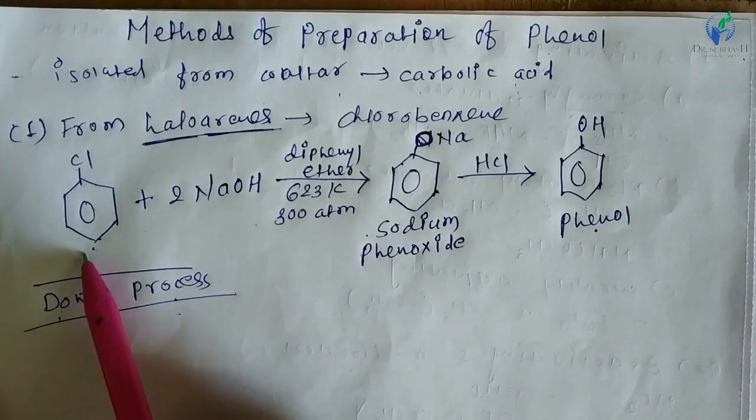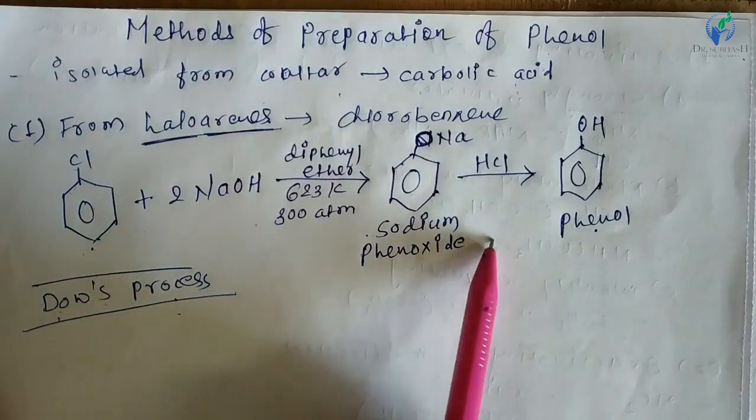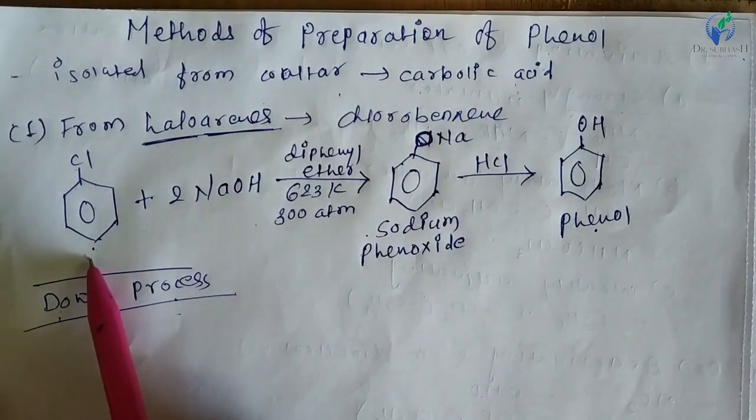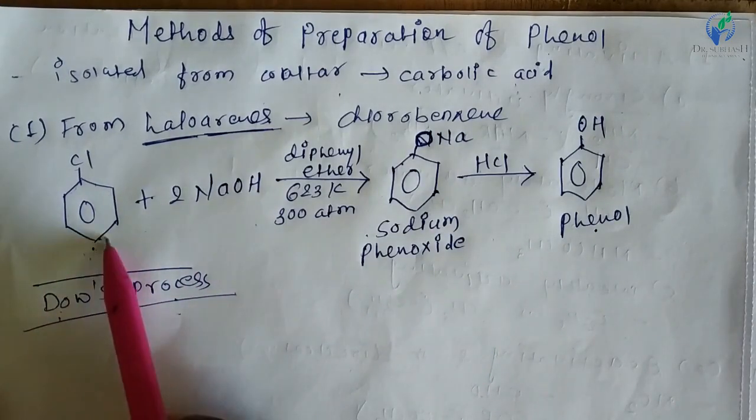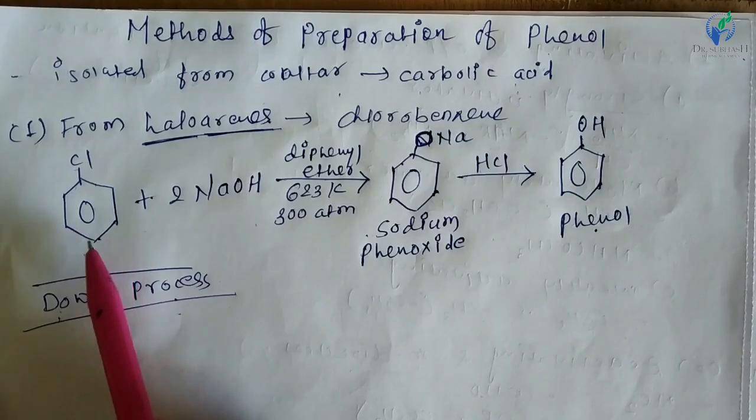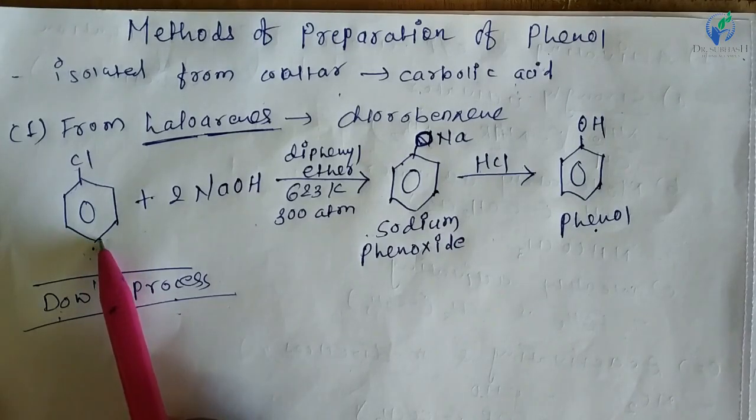Or you can be asked to convert benzene to phenol, right? So first convert benzene to chlorobenzene, and this step you have learned in the chapter on reactions of benzene, halogenation of benzene.